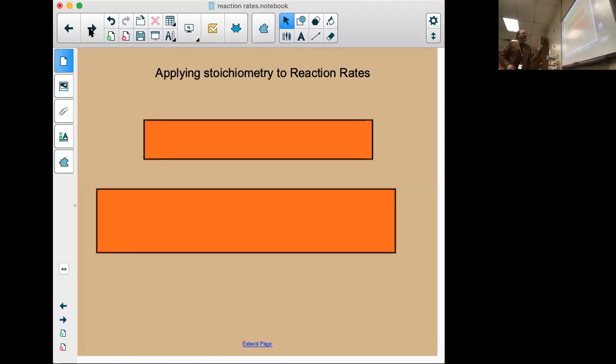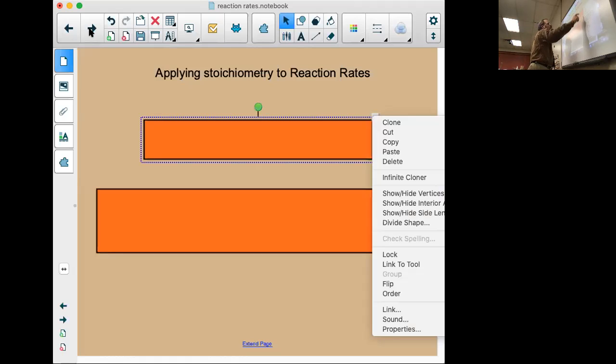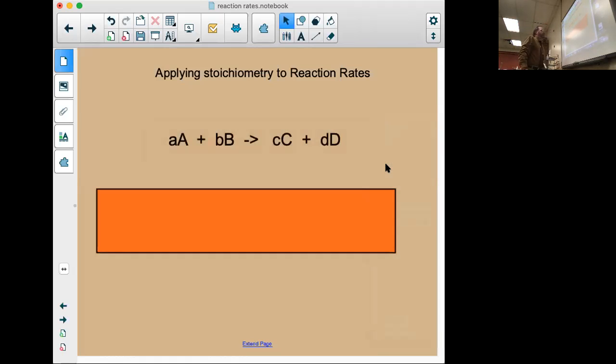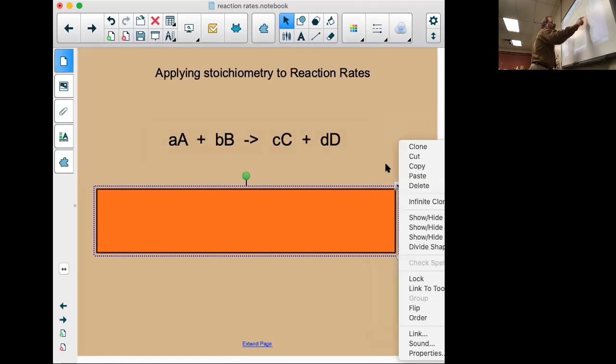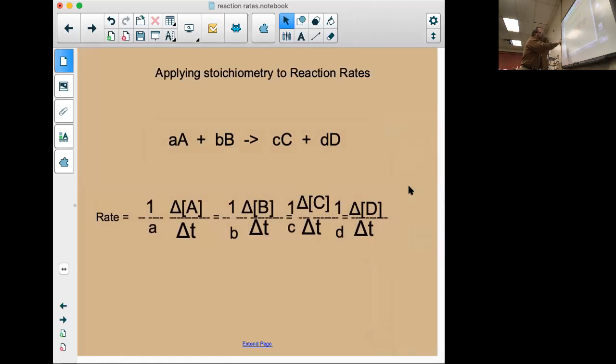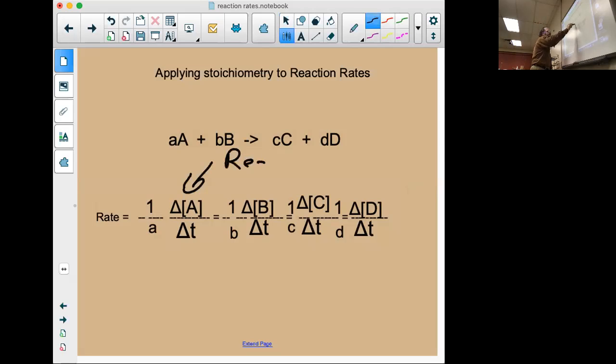The other thing we're looking at is applying stoichiometry to reaction rates. All right, so let's take a general form here: aA plus bB yields cC plus dD. So when we look at a reaction rate, we're going to say that negative 1 over a times the change in the concentration of A over the change in time is going to be our reaction rate.